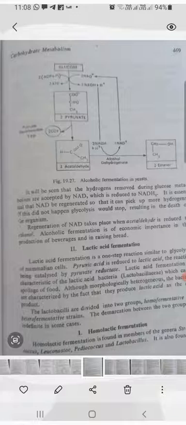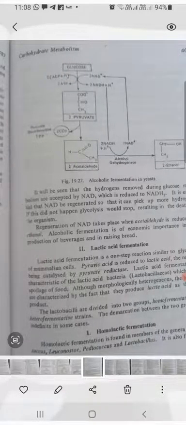Pyruvate is converted into acetaldehyde with the release of carbon dioxide, and acetaldehyde is converted into ethanol in the presence of alcohol dehydrogenase, where the reduced NADH2 is again regenerated to NAD+, which is important for alcohol fermentation and glycolysis to continue.